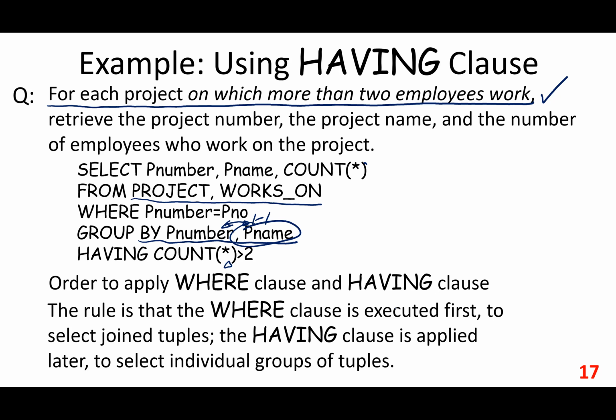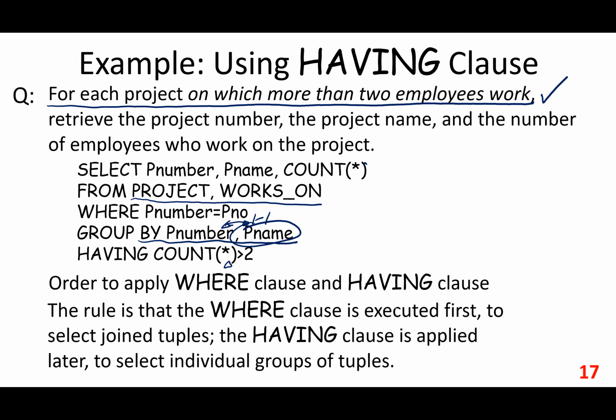So you need to first join tables to get a big joined table. Then you need to define groups to do partition, right? Partition all the rows in subgroups.